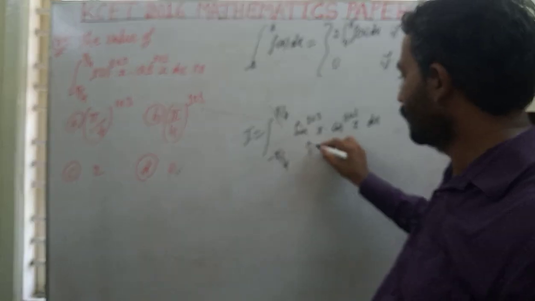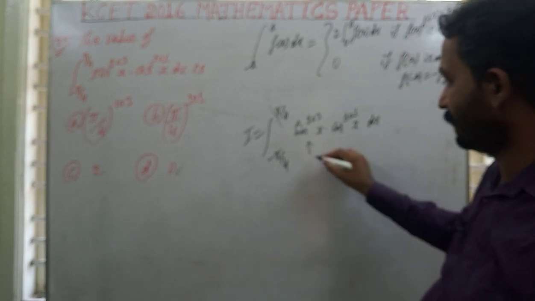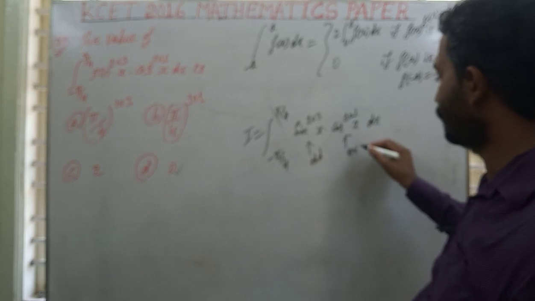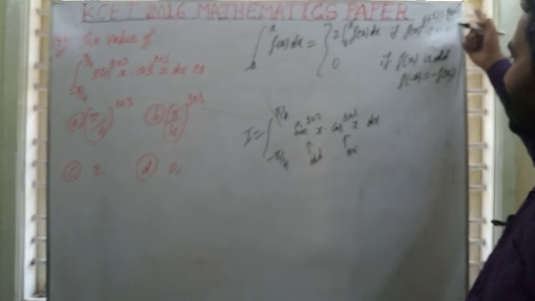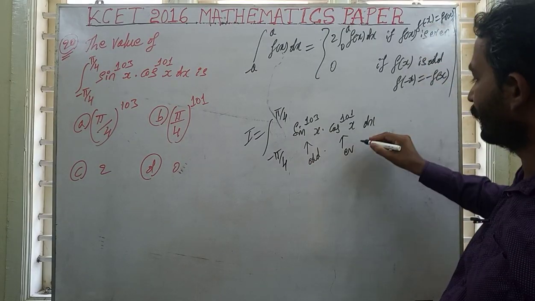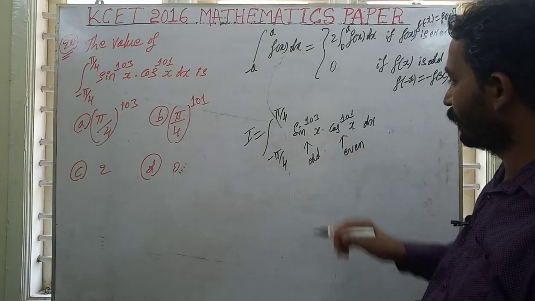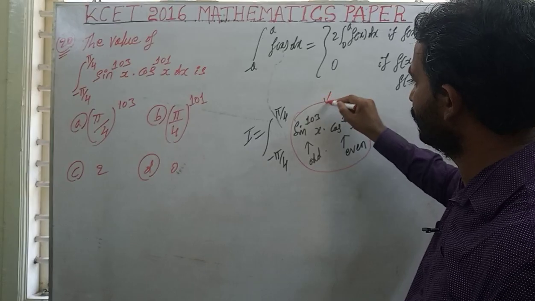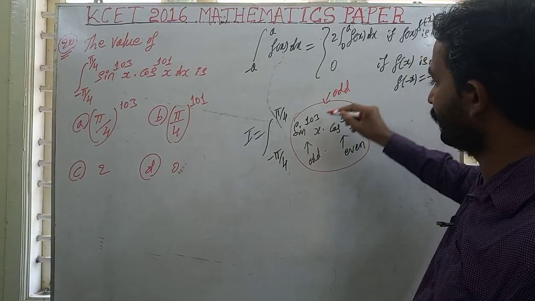So this sine part is an odd function, and this cosine part is an even function because cos of minus x is equal to cos x. Odd into even is an odd function, so overall this is an odd function.